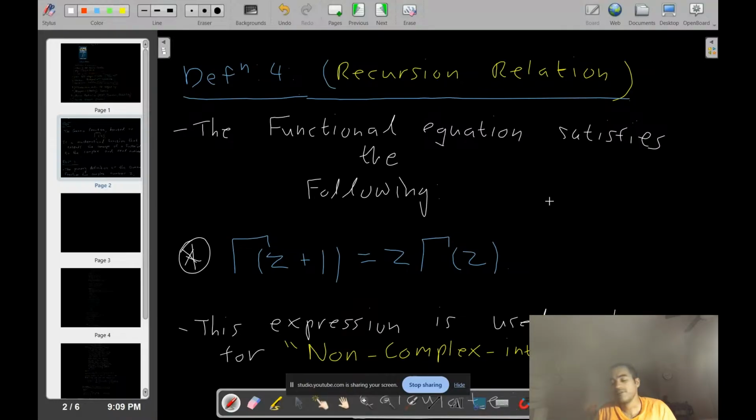So what does this mean? What does definition 4 mean? Anybody? I will wait for someone to come in and give me an answer.